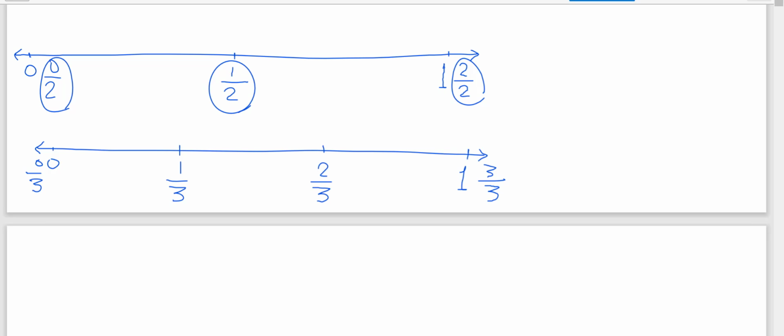If I was going to count by thirds, I could say 0 thirds, 1 third, 2 thirds, 3 thirds.